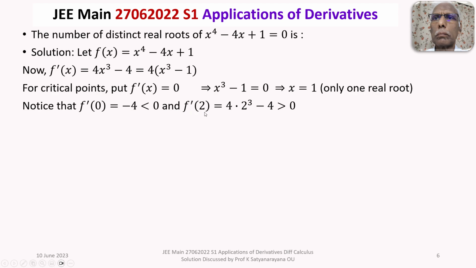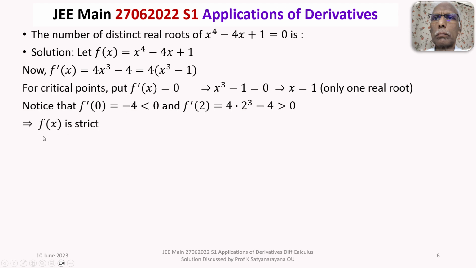Then f prime 2, since f prime x is 4 times x cube minus 4, is 4 into 2 cube minus 4, which is positive. So 0 is to the left of 1, and 2 is to the right of 1.